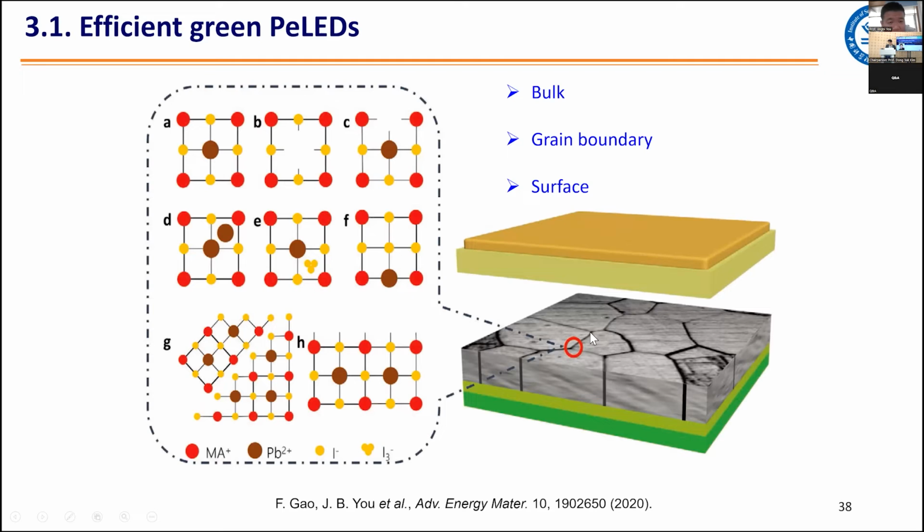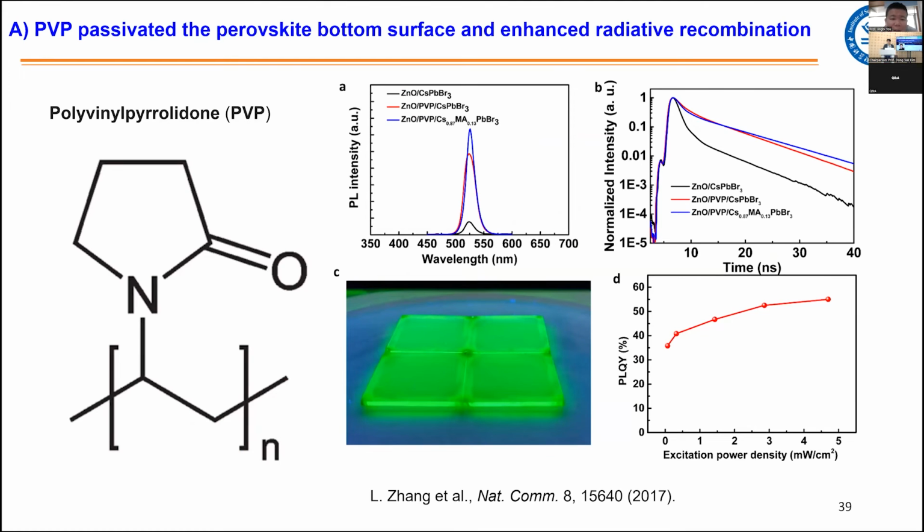For light emitting diodes, we should make sure the hole and electron can combine and produce radiative emission. So we should reduce the non-radiative recombination. As with our experience in solar cells, we also transfer the technology from solar cells into light emitting diodes.